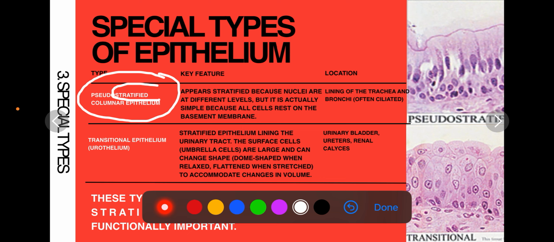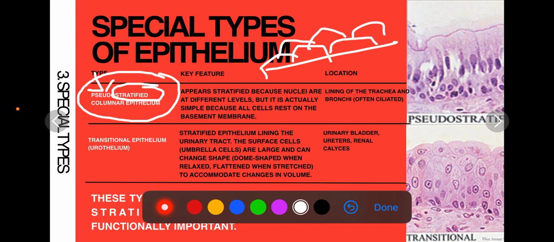From what we have mentioned, we can know that it could be stratified, and if it is stratified, there must be, as we have mentioned, many layers of cells. But they mentioned it is pseudo, so there is a lie here. There is some cheating of some sort. So most probably, from the name, it looks like stratified, but it is not going to be.